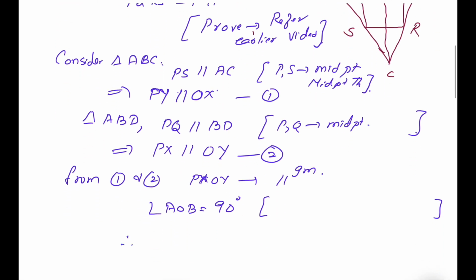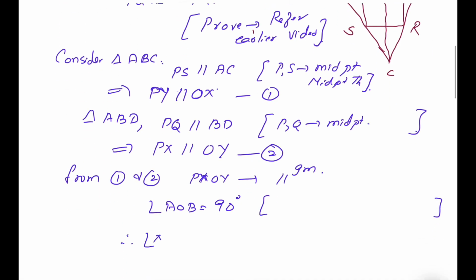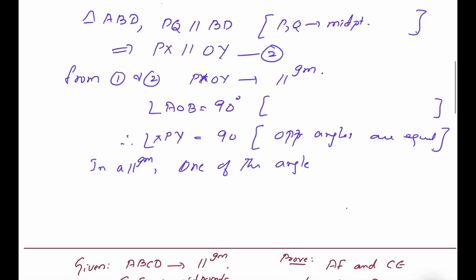Therefore angle P, that is YPX or XPY, equals 90, since opposite angles are equal. So in a parallelogram, if one angle is 90, then it is a rectangle.